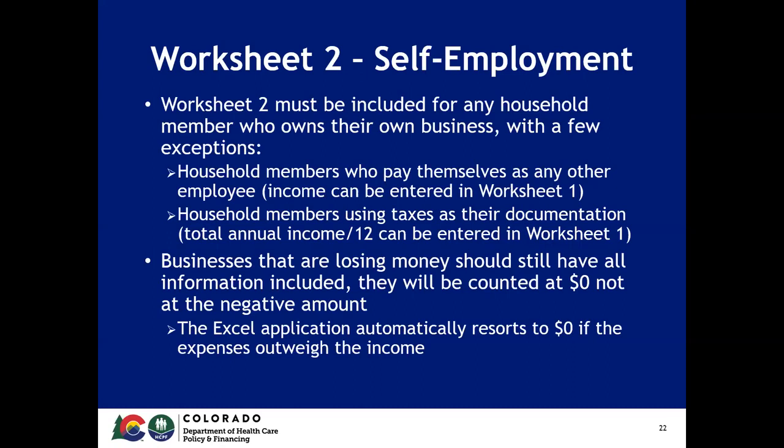For that one, you could just take their total annual divided by 12 and enter that into worksheet 1 as their monthly. Businesses that are losing money should still have all of the information included. They will be counted at $0, not at that negative amount. And the Excel application will automatically resort to 0 if the expenses outweigh the income.